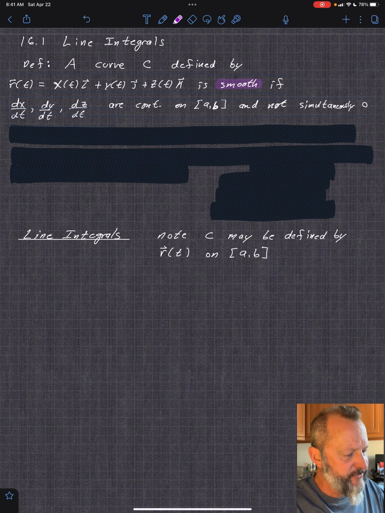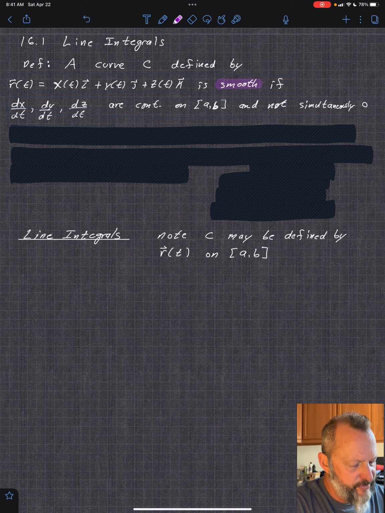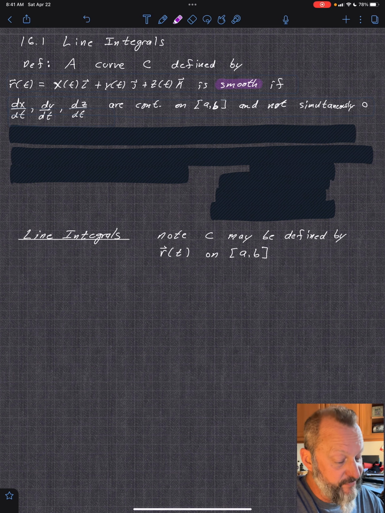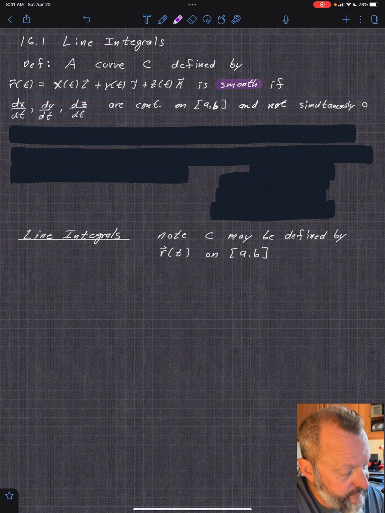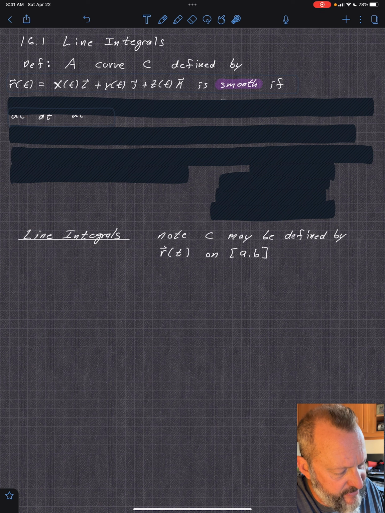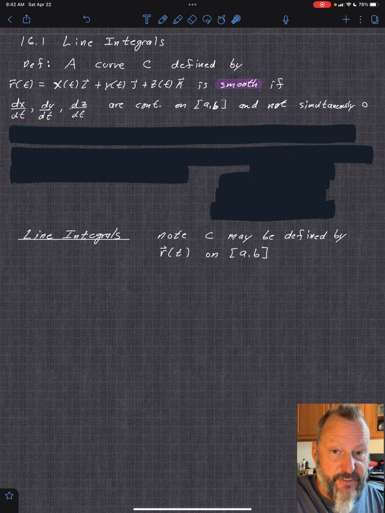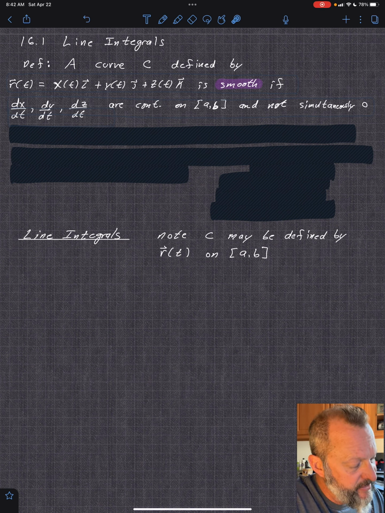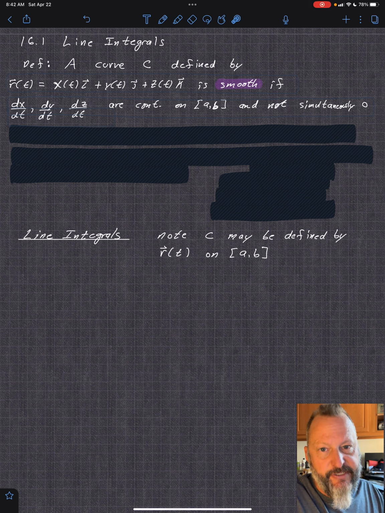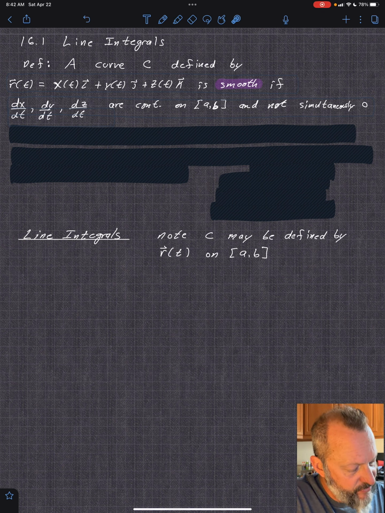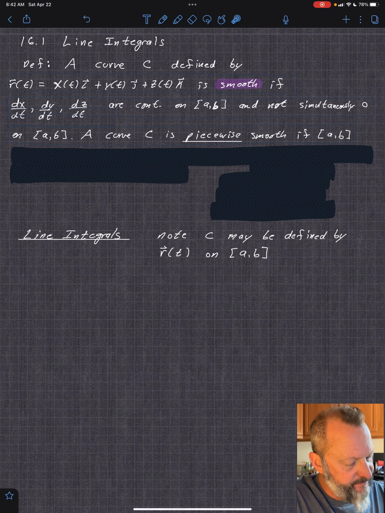If each of those derivatives or partials, well, they're derivatives because it's single variable t, are continuous, so not only exist, it implies they exist. Not only that, but they're continuous on AB and not all zero simultaneously on AB.